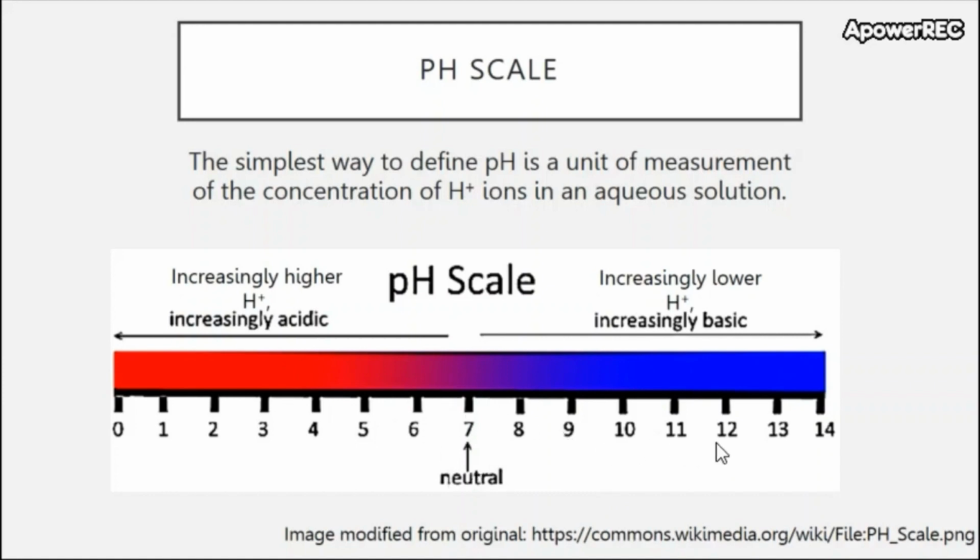So in a way, 11 is more acidic than 12, but 11 and 12 are both considered a basic solution because they're both above neutral. What gets confusing about the pH scale is that, remember we said that pH is defined by the concentration of protons present, and so the lower the number, actually the more protons that are present.